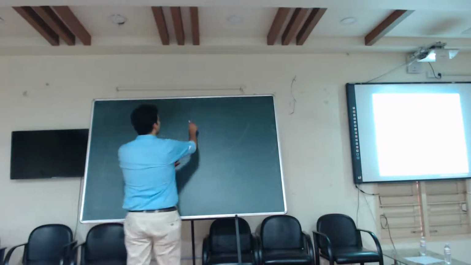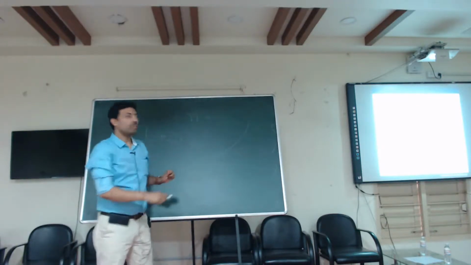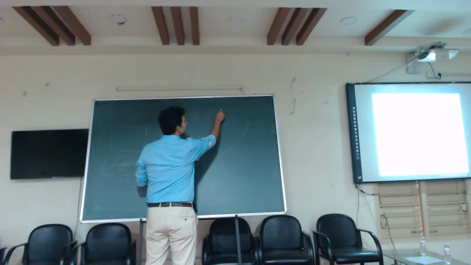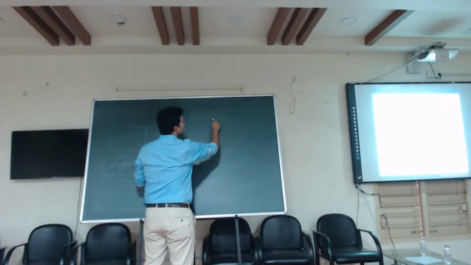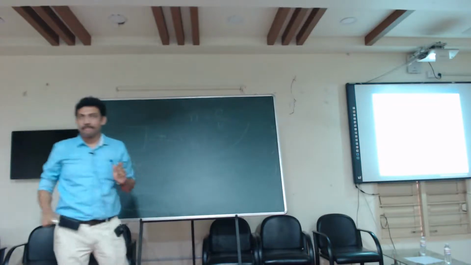Talk about velocity. N equals refractive index, velocity of light in vacuum divided by velocity of light in medium. Right? That's your refractive index, index of refraction.